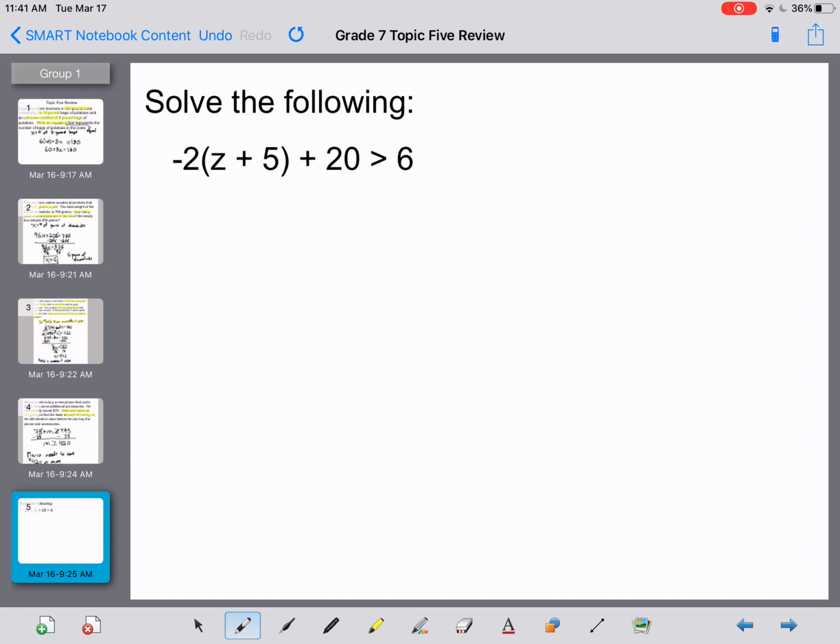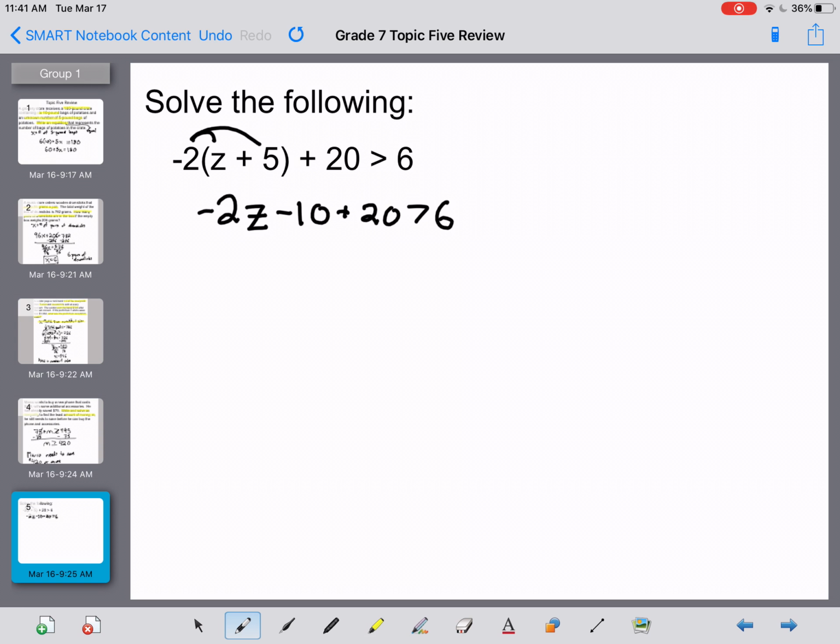I'm going to start by simplifying my left-hand side with the distributive property. So I'm going to distribute the -2 to both numbers inside the parentheses. -2 times z is -2z. -2 times positive 5 is -10. Then I bring down the rest. Plus 20 is greater than 6.